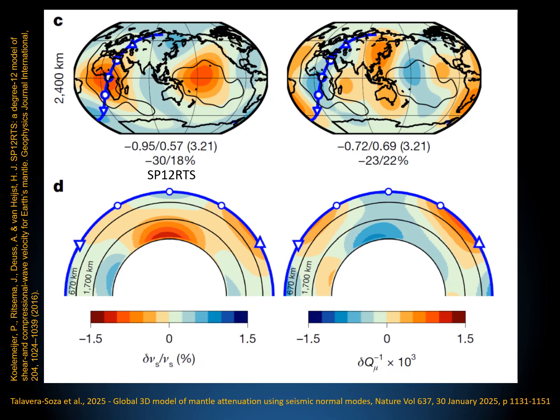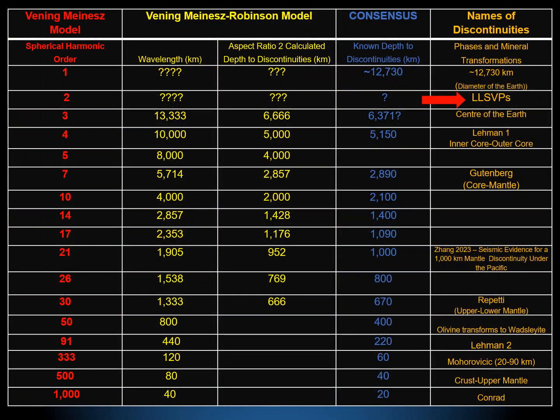These two locations of negative mantle attenuation coincide with the geoid residuals, which, of course, coincide with the low shear velocity provinces. We have presented substantial evidence that spherical harmonic order 1 was terminated with the commencement of spherical harmonic 2.